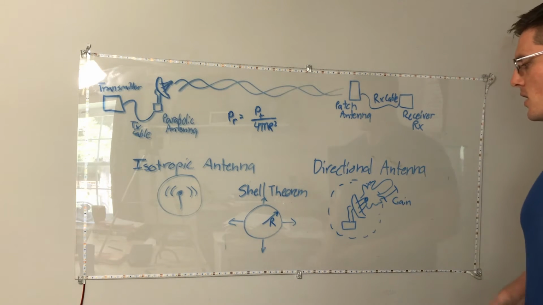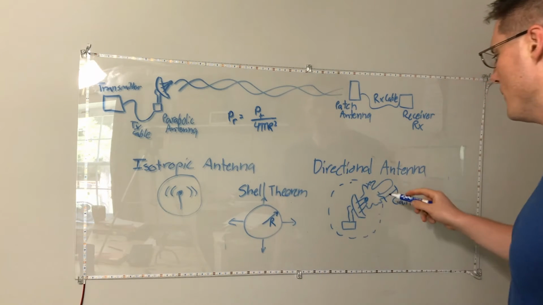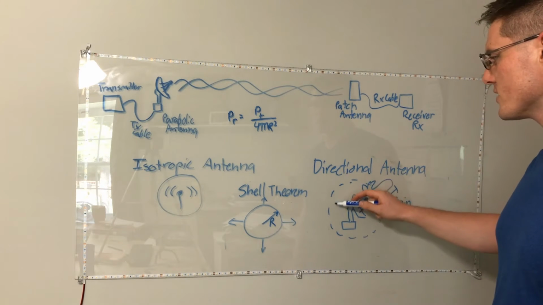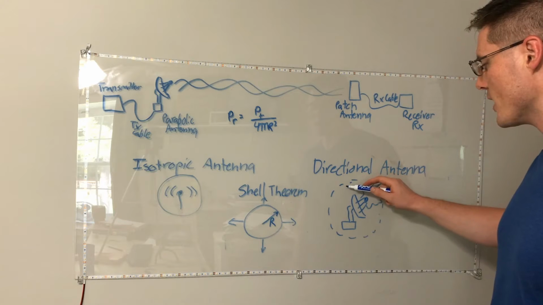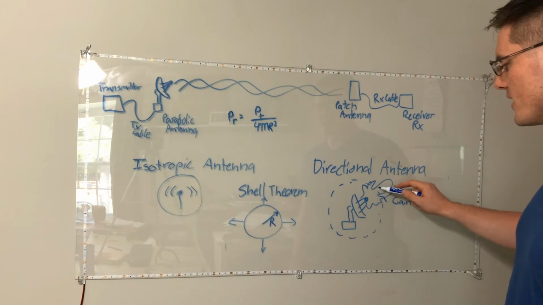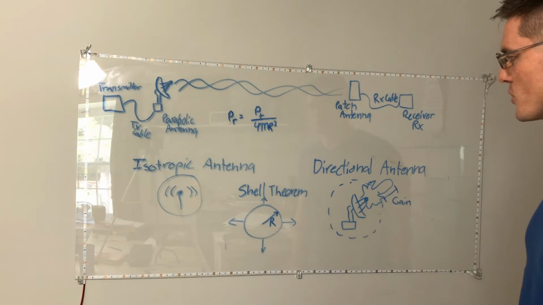So essentially, for our parabolic dish up on the top left, you have a uniform or isotropic shell right here, and whatever main lobe goes beyond that isotropic shell is going to be the gain associated with it.